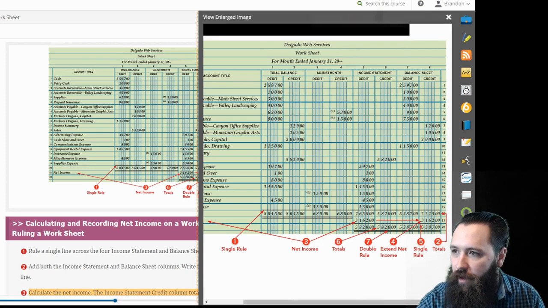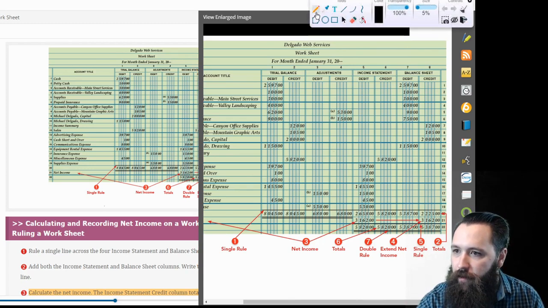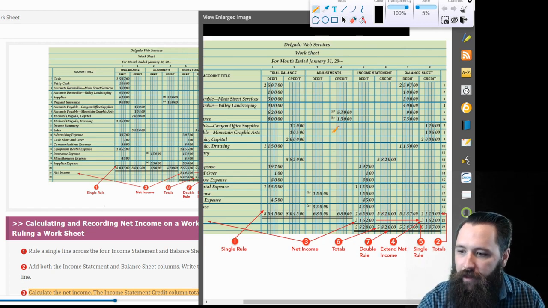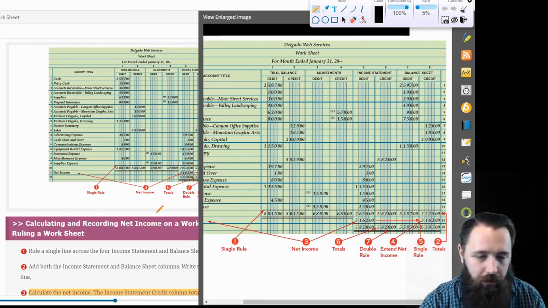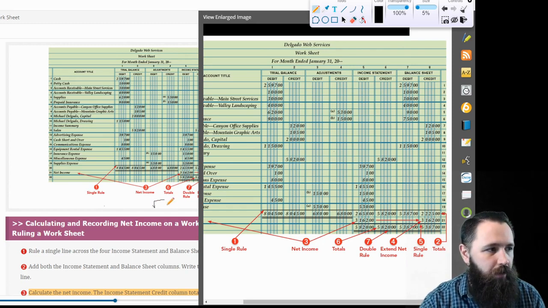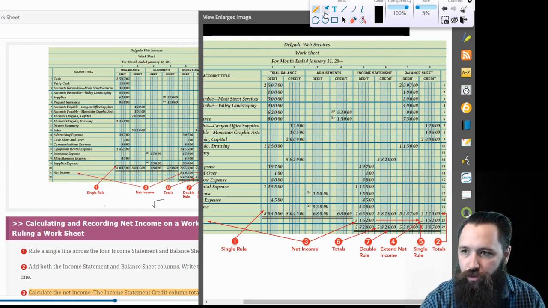Here, let me draw it real quick. So how I'm actually calculating it is going to look like an L like this, okay? Like that, okay? This is how I kind of think about it. And when I first had to learn it, that's how I kind of started drawing it out here, okay? But you're taking the number on the right and you're subtracting the number on the left, and then you're going to record it on the debit column.